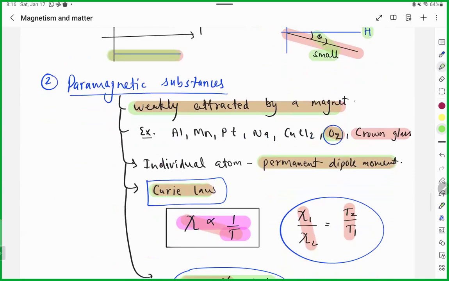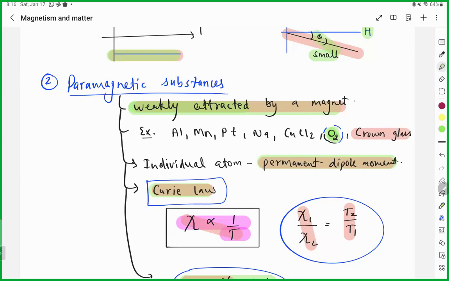Paramagnetic is almost opposite. Diamagnetic is weakly repelled, here it is weakly attracted by the magnet. Oxygen is a special case here. Remember, oxygen is a special case, that's why I'm writing it again. Many other materials, you will remember with time, so don't worry, don't memorize the examples.